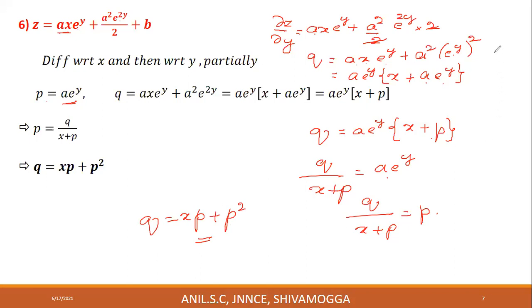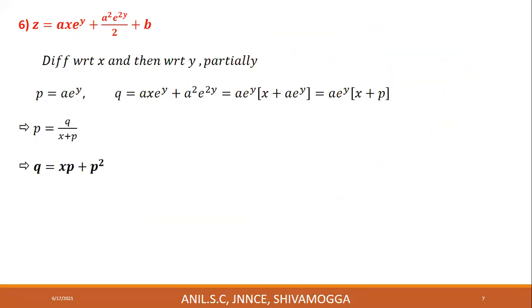You can substitute in this step itself. That will be easier. Can we write this? Q is equal to xp plus p square, the resultant partial differential equation. You make a note of this.